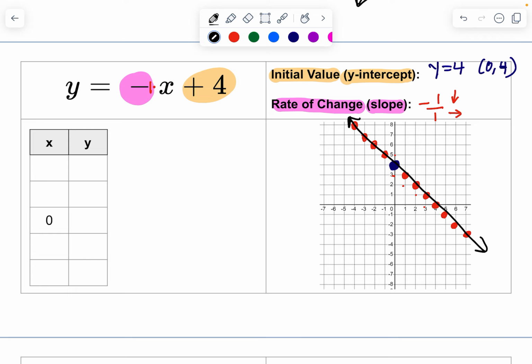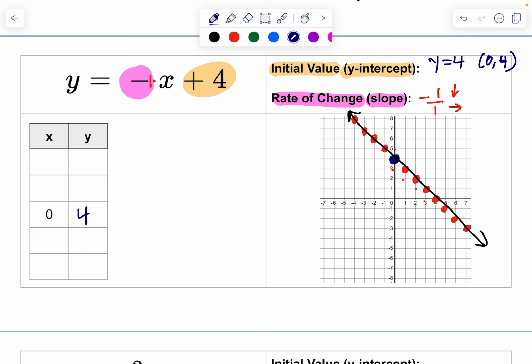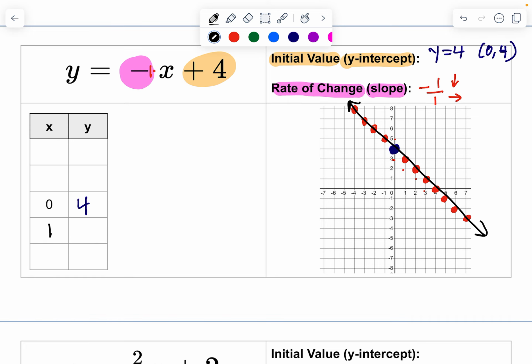Now that I have a picture of my graph, I can identify my y-intercept immediately. It's when x is 0, y is 4. When my input is 0, I get out 4. And I could certainly practice plugging in some values. Maybe I'll practice plugging in the positives here for this equation.